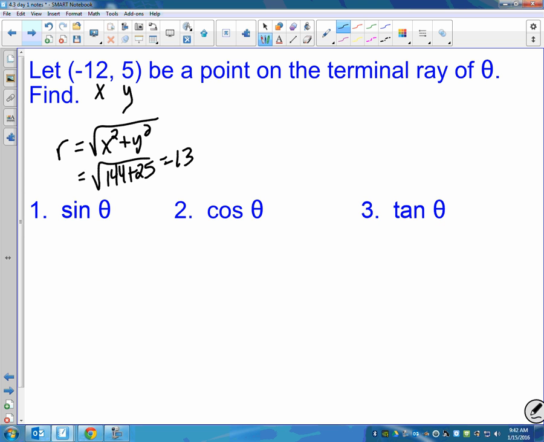So we said sine every time is going to be y over r. So I can just say that the sine of this angle equals y, which is 5, over r, which is 13. Same kind of answers I got when I was doing the right triangle stuff, but now we've kind of taken it beyond.